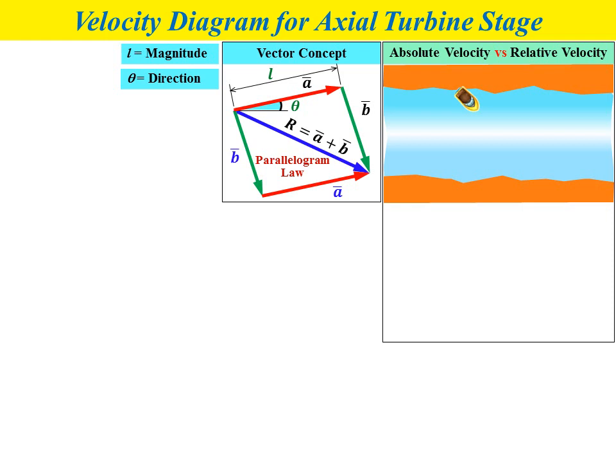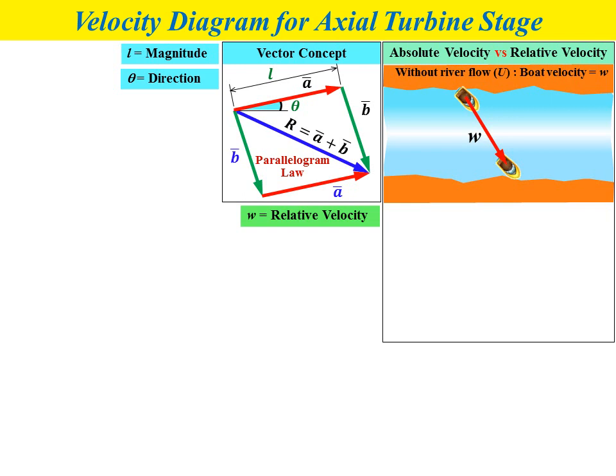Let's say for the first condition, we assume the river flow velocity is equal to 0, so no river flow for the first case, and the boat crosses the river at a certain speed and direction represented by vector W. So this vector W refers to the boat velocity when the river flow, U, is equal to 0, and this vector is referred to as the relative velocity vector.